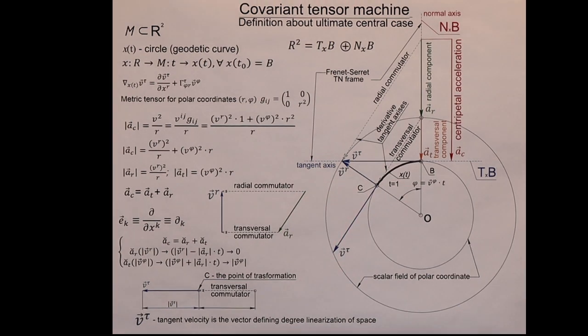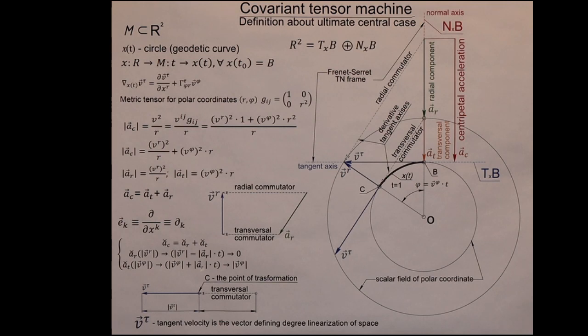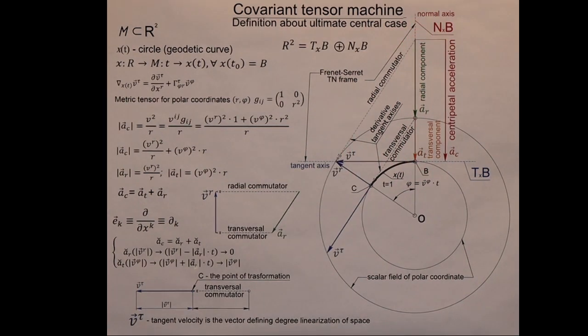Mathematically, this event is written as the action of a scalar function. It follows because the Frenet-Serret TN frame exists at the moving point. It can replace the action of the operator on the vector with a scalar function.